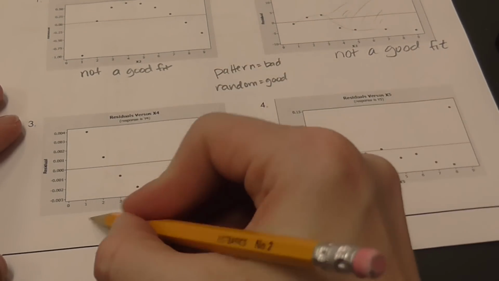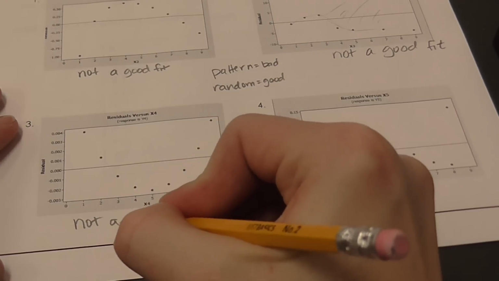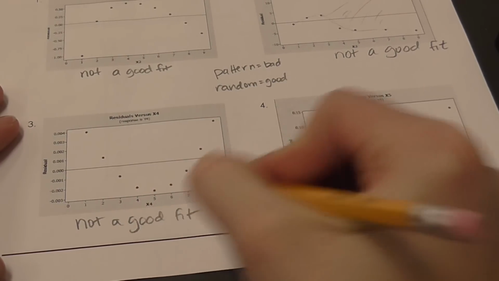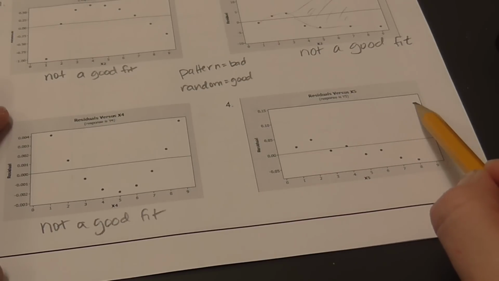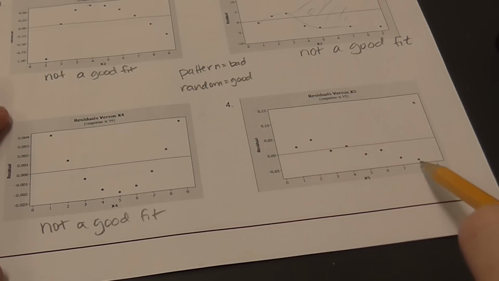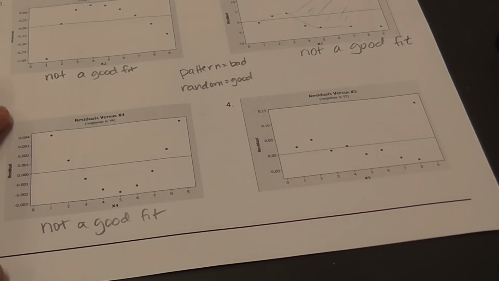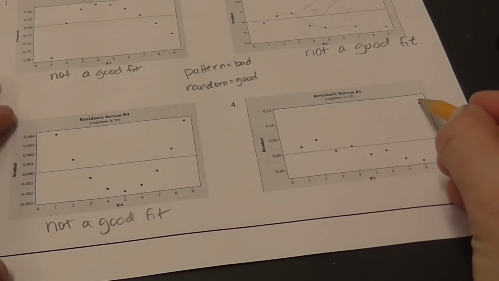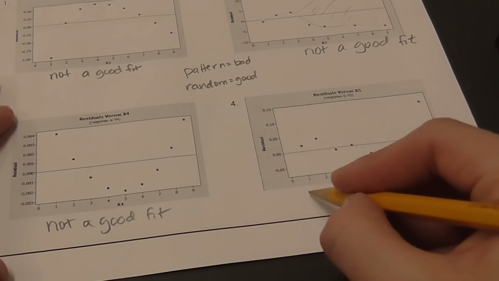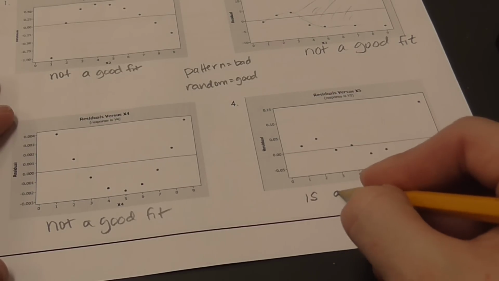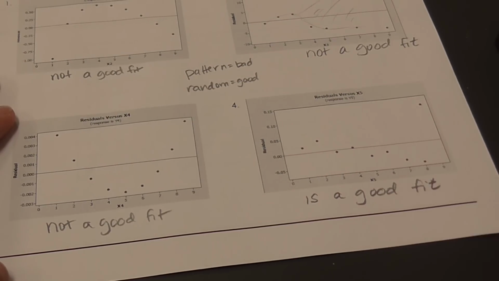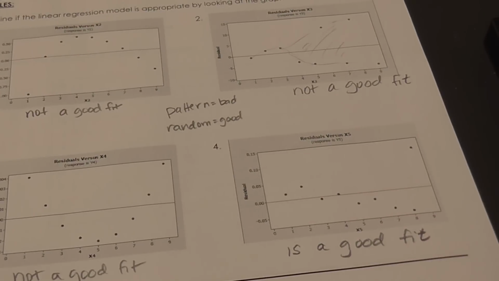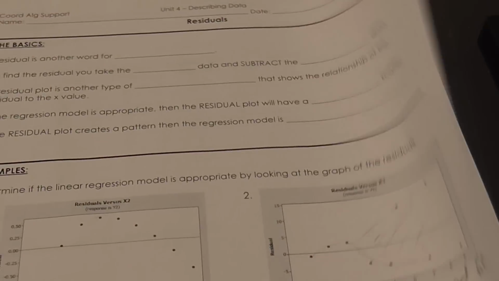It's got that U shape, so it's not a good fit. And this one, even though it slopes down, you got this one random guy out here, it's not in a perfect line. There's no zigzag or anything to it. So this is considered random, especially because of this one. So this is a good fit. Okay, so pattern, not a good fit. Random, good fit. So we're looking for randomness.